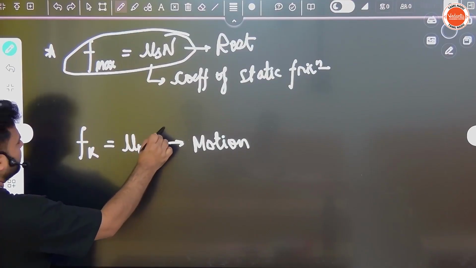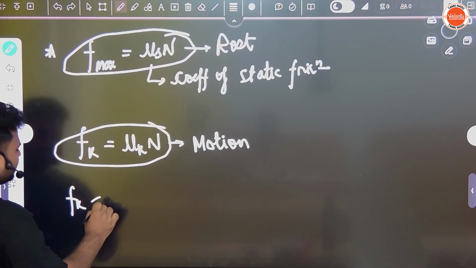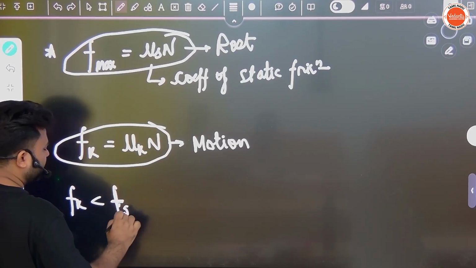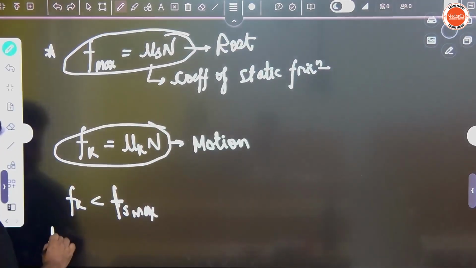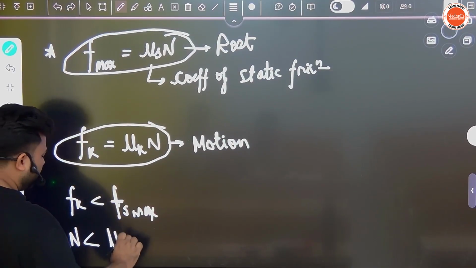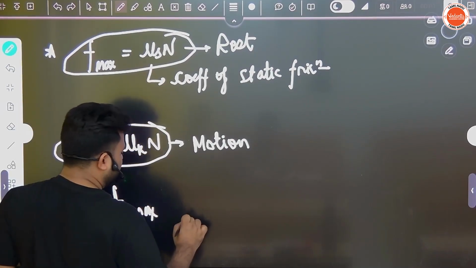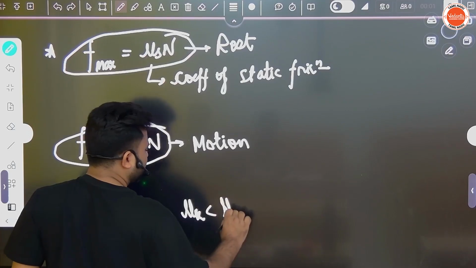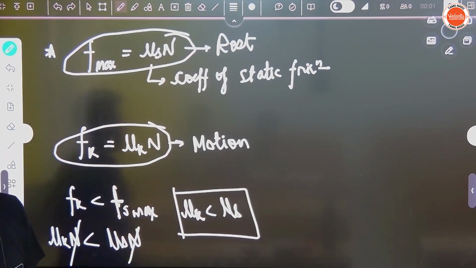Always remember, kinetic friction is a little bit less than static friction. Mu k into N is slightly less than mu s into N. N you can cancel. So you will always see that mu k is a little bit less than mu s.